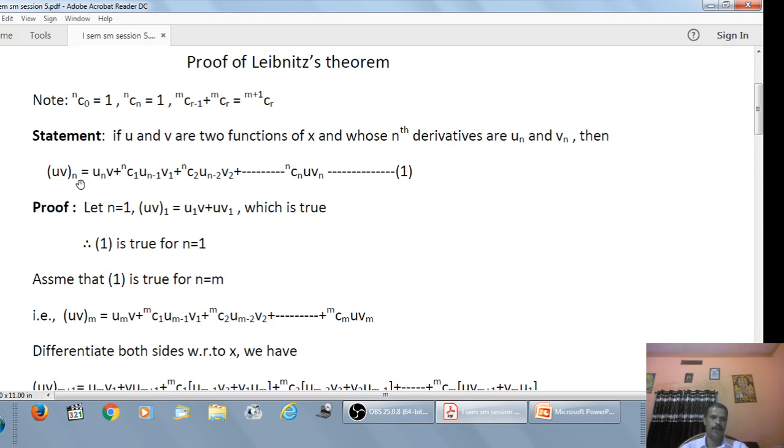That means I should get it like this. Whenever n is replaced by m plus 1, LHS should be equal to RHS. u v_(m+1) is equal to, I should get like this: here n is m plus 1, u_(m+1) v plus (m+1) C 1, when n is m plus 1, minus 1 gets cancelled, u_m v1 plus (m+1) C 2, when n is m plus 1, minus 2 minus 1, u_(m-1) v2 plus etc. plus (m+1) C (m+1) u v_(m+1).